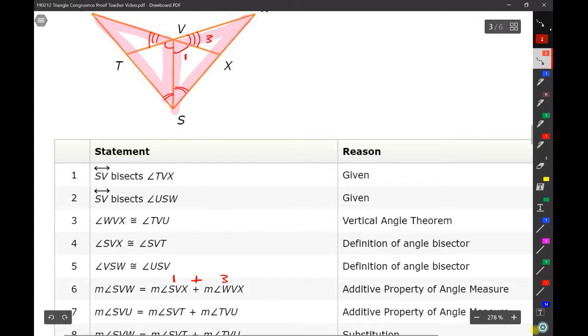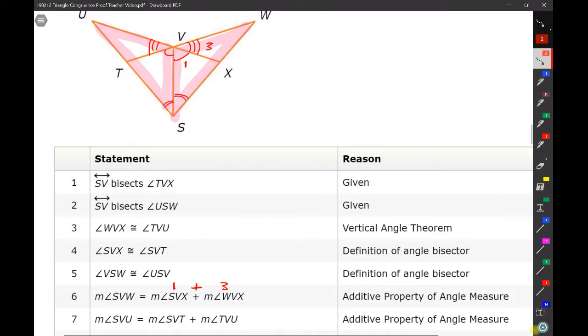Now look at the other side. Line 7 talks about the other side. SVU, which is this angle right here, is made up of SVT plus TVU. Let's number those as well. This is also a 1 marking, and this is also a 3 marking. This is 1 plus 3.